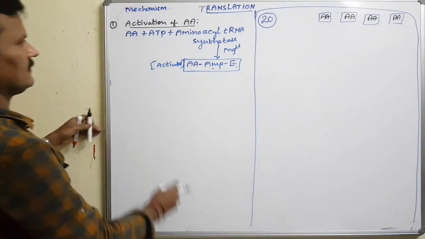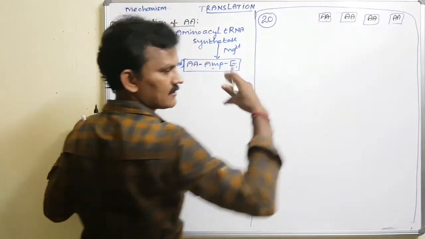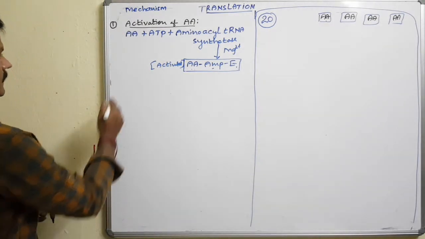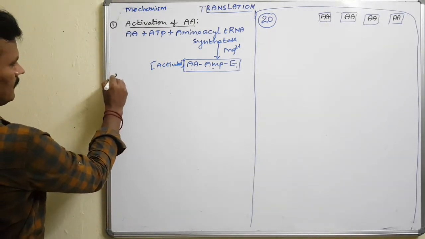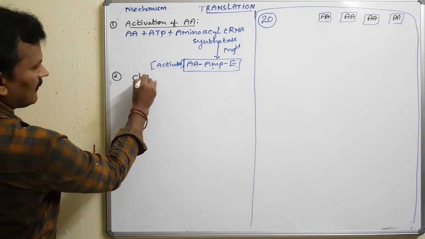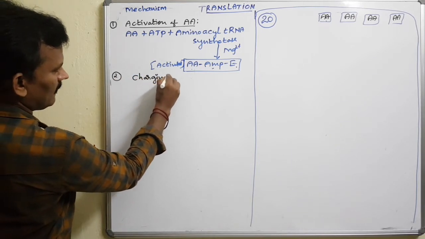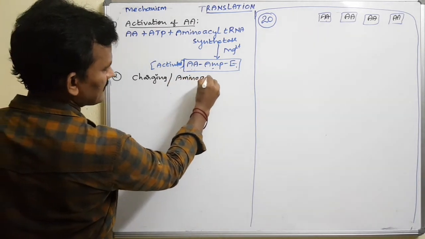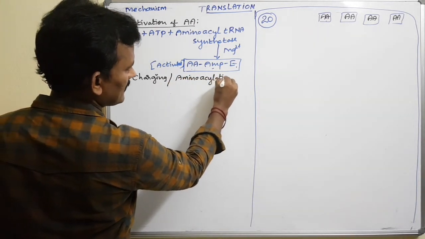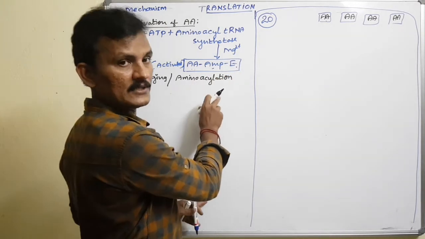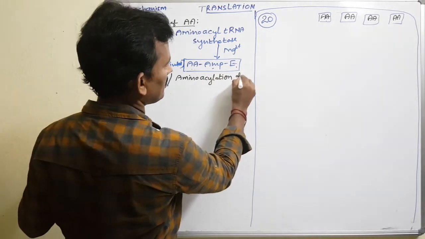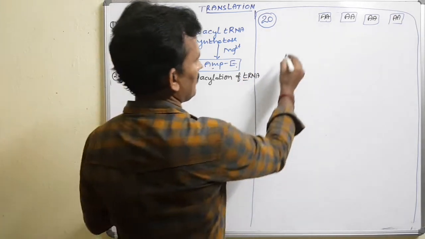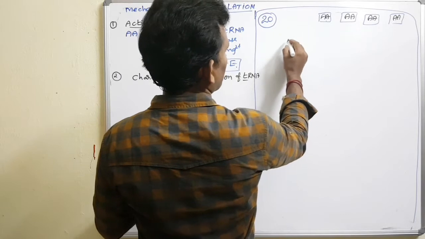In the second process, the activated amino acids are transferred to the tRNA. That is the charging of tRNA, or aminoacylation. Aminoacylation is the addition of an amino acid to the tRNA.